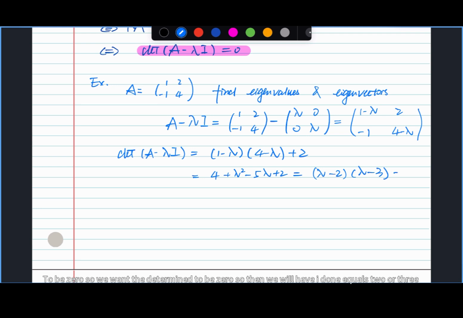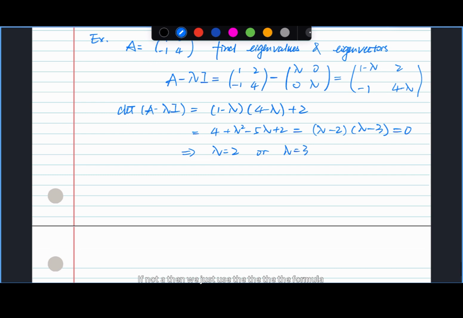So if we want the determinant to be 0, then we will have lambda equals 2 or 3. What if it's not factorable? Then we just use the quadratic formula.